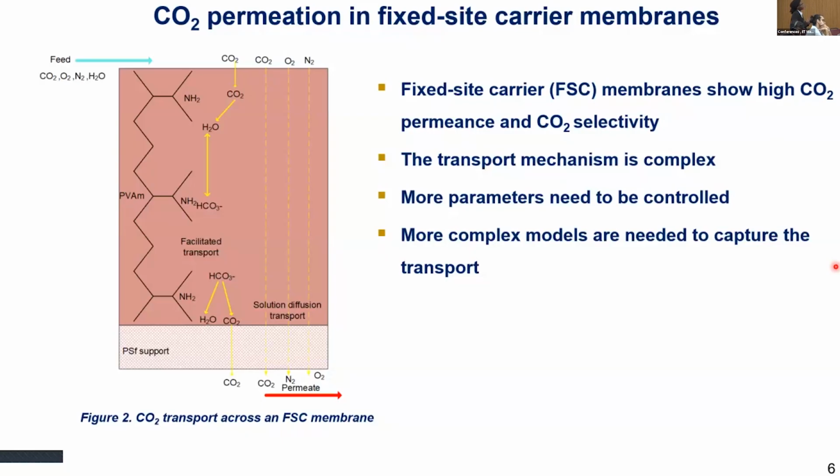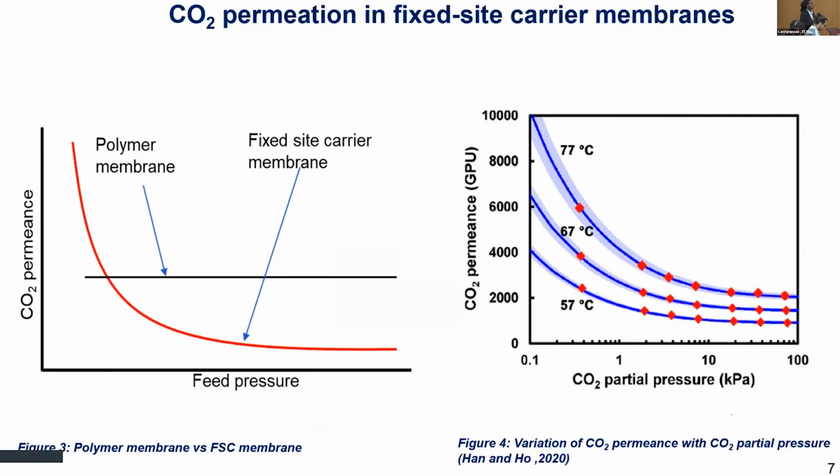So in modeling the CO2 permeation through fixed site carrier membranes, normally we tend to just assume that the CO2 permeance is constant. However, the CO2 permeance is not constant along the membrane profile, since water is also permeating through the membrane, and that is changing the composition of the water.